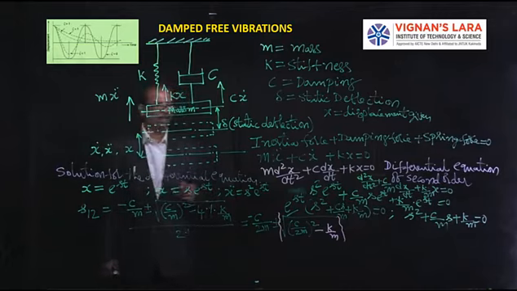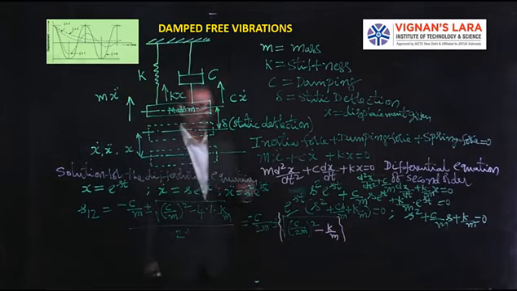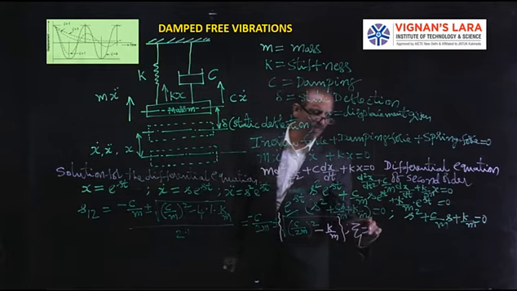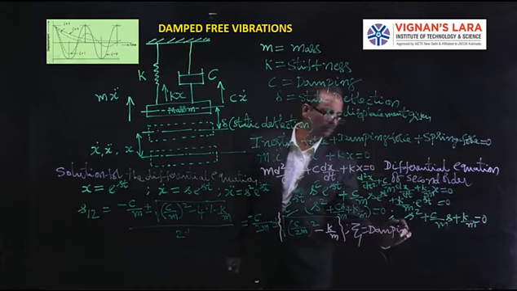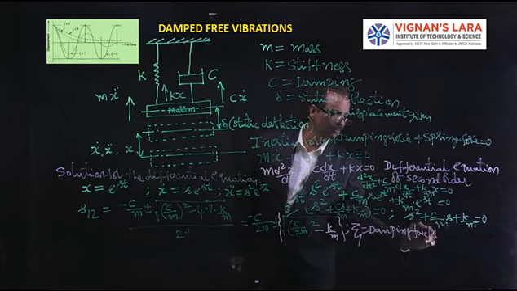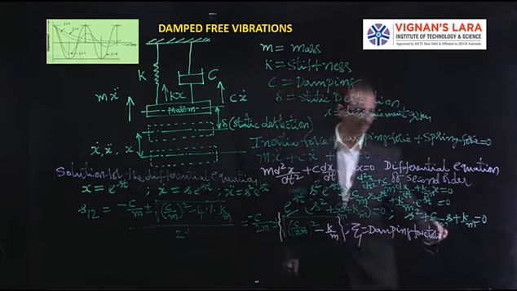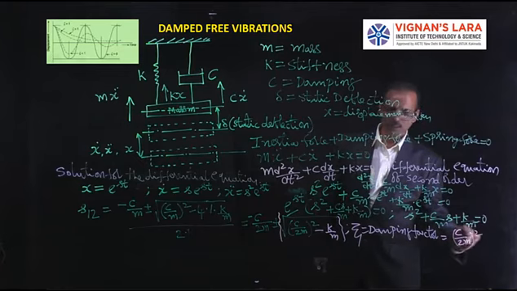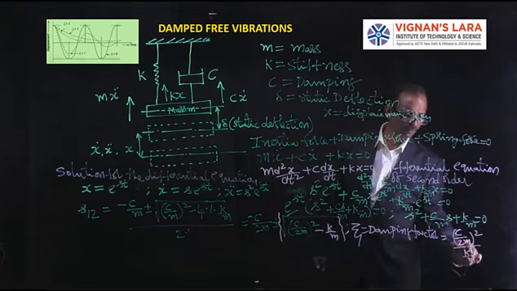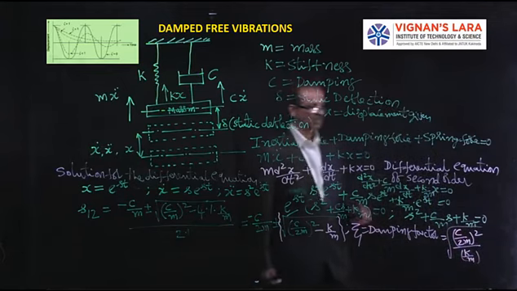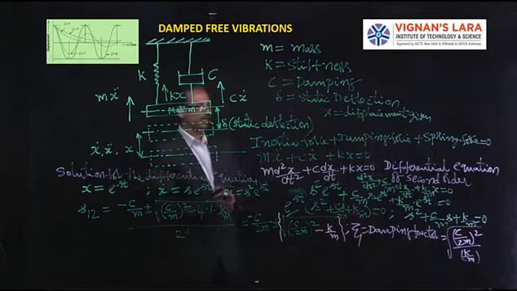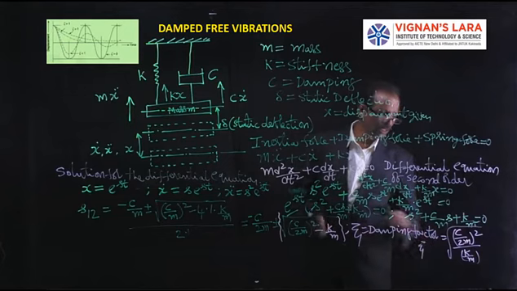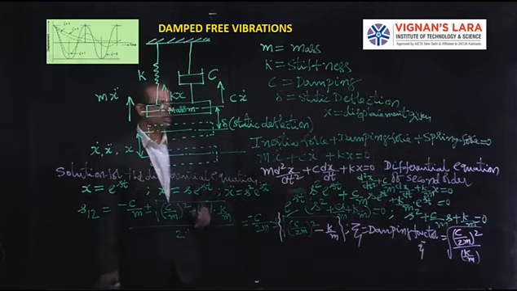Here there are 3 cases. We write a term called damping factor, which is the ratio of c by 2m whole square to k by m, under root, represented with zeta.